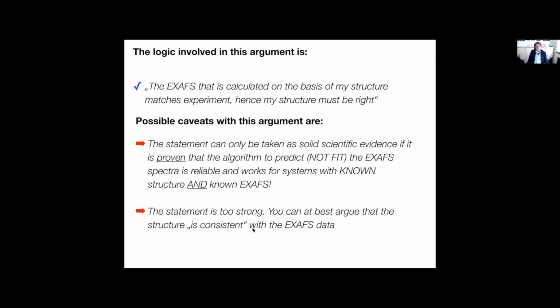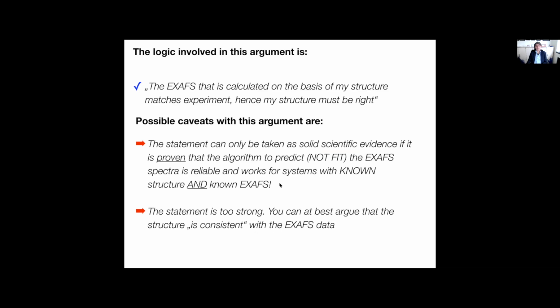However, the argument, and that is the point that I want to make here, is only solid if you prove that the algorithm that generates the simulated spectrum, not the fit, right, is reliable. Hence, I have to demand that the algorithm, if I know the structure and I know the XFs, must give me the right answer, right?